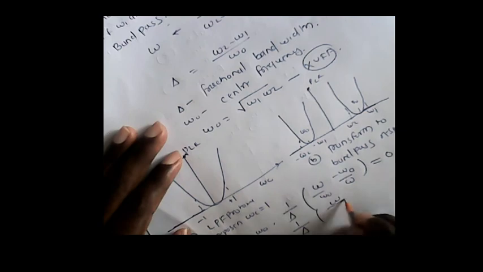So omega minus omega 0 minus omega 1 is equal to 1 upon delta, omega square minus omega 0 square divided by omega 0 into omega. The value which comes out is minus 1. We can put the value of delta omega from equation number 16.